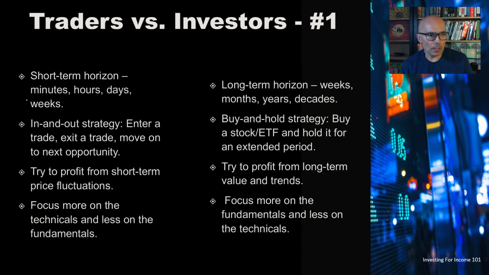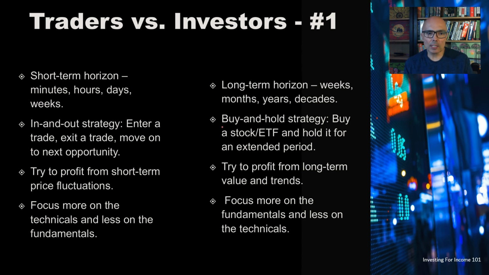So traders in general have a short-term horizon, many of them minutes, hours, some days, weeks. On the other hand, investors have a long-term horizon: weeks, months, years, often decades, right? Traders usually trade in and out. They enter a trade, exit a trade, move to the next opportunity.